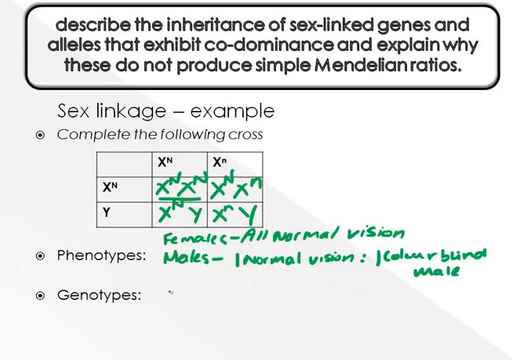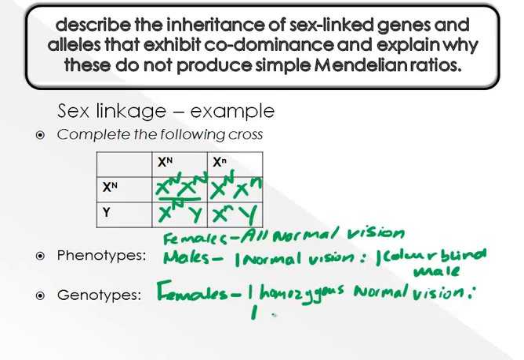Next we'll have a look at the genotypes for this cross. So again we'll look at the females. We can see there is one homozygous, normal vision, one heterozygous.